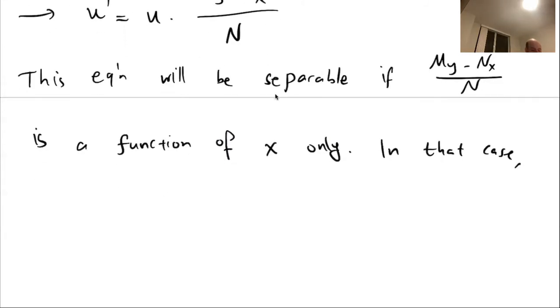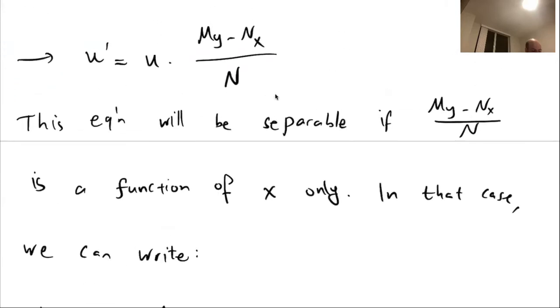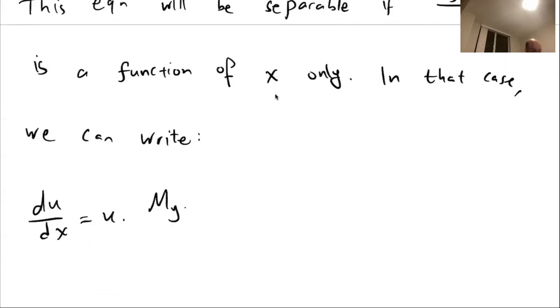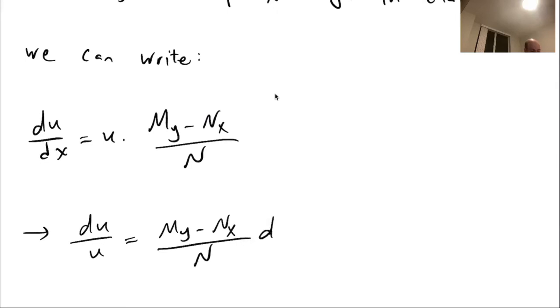In that case, we can write du/dx equals u times (M_y minus N_x) divided by N. So then du over u equals (M_y minus N_x) divided by N dx.